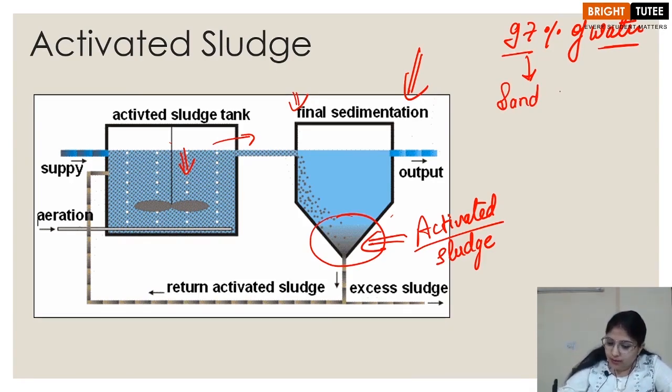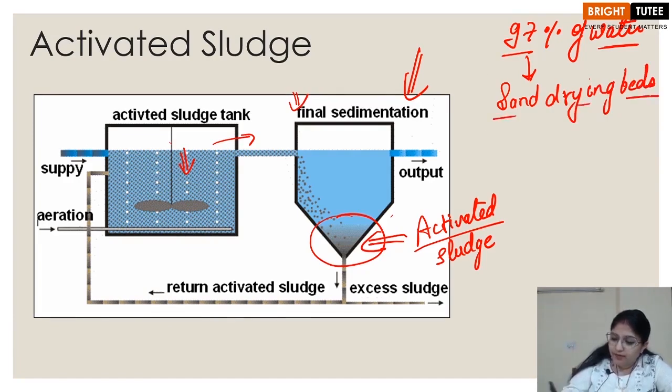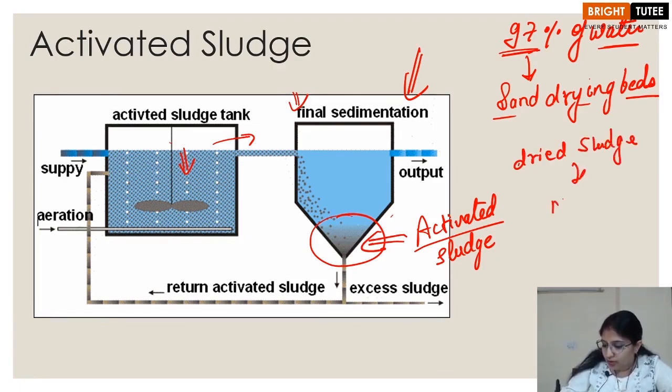So what we do is we put this activated sludge on the sand drying beds, or we use machines to dry off the excess water. Then once this drying takes place, the dried sludge is used as manure, right?